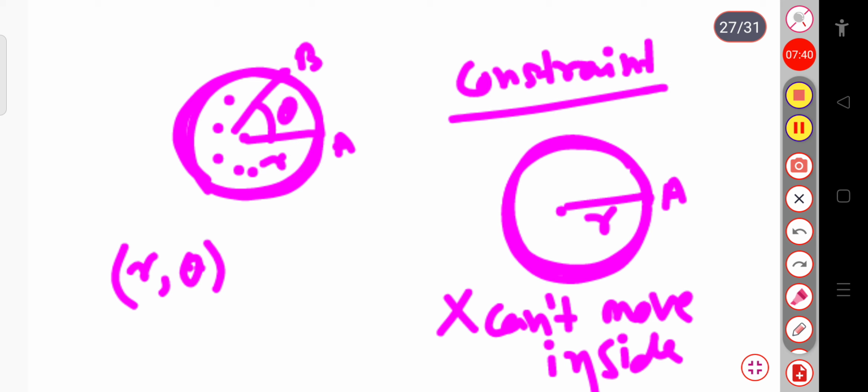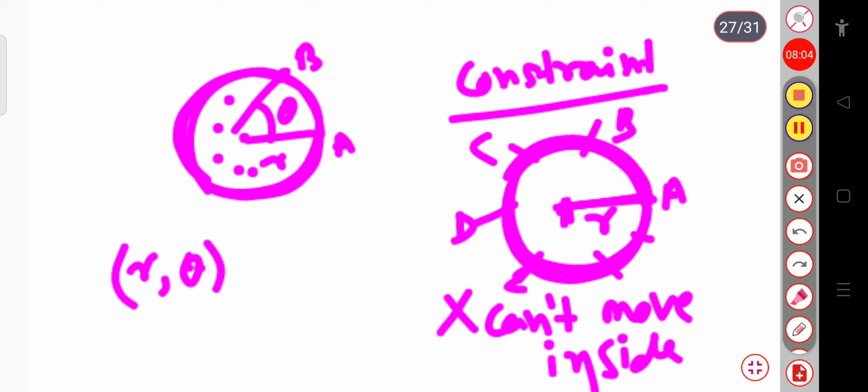Now I can see that this radius r is constant. When I consider any point on this circumference, A, B, C, D, its value will always be the same, that is r. So this r will not change when the body moves on the circumference of the circle.